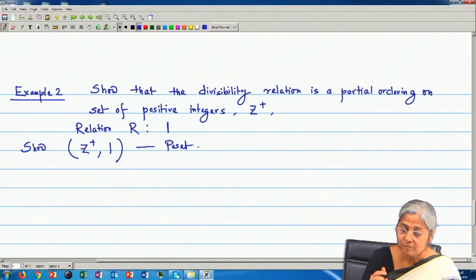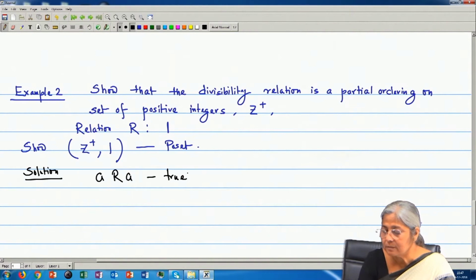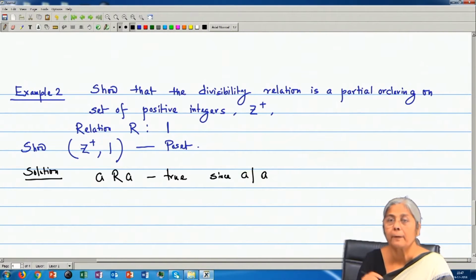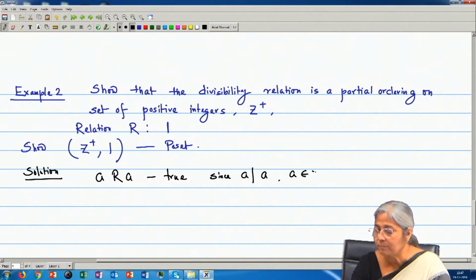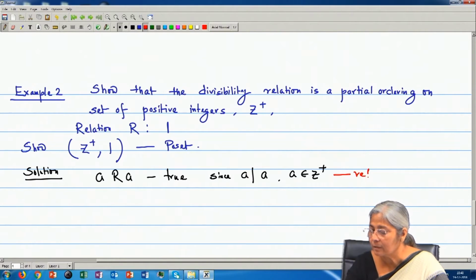Now, first we see the reflexive property. Always A R A is true, since A divides A, where A is a positive integer, that is A belongs to Z plus. So it is reflexive.